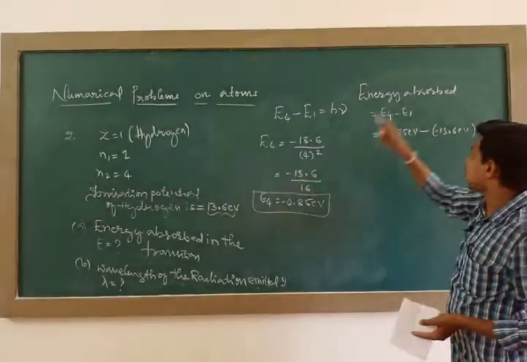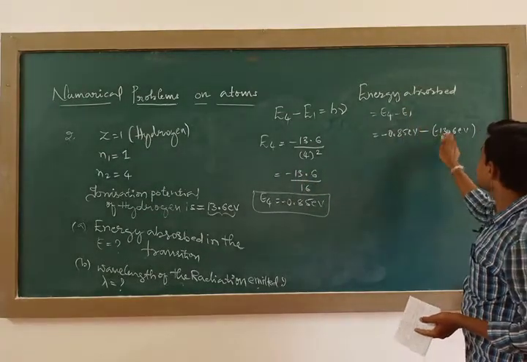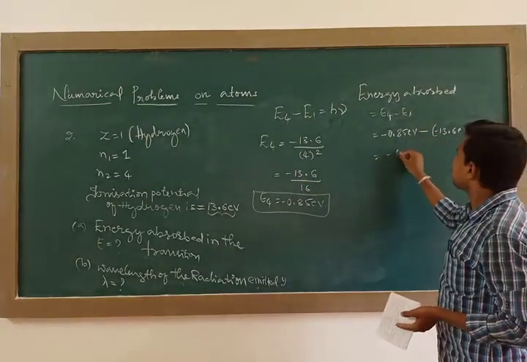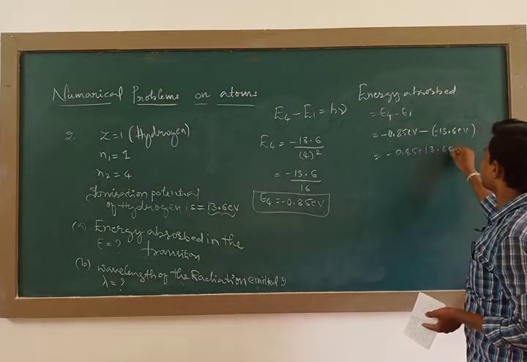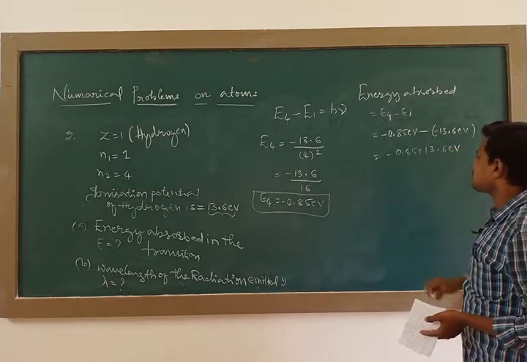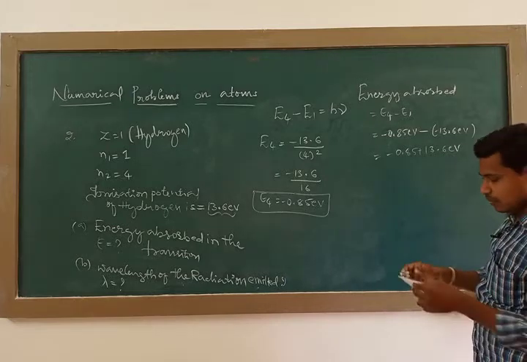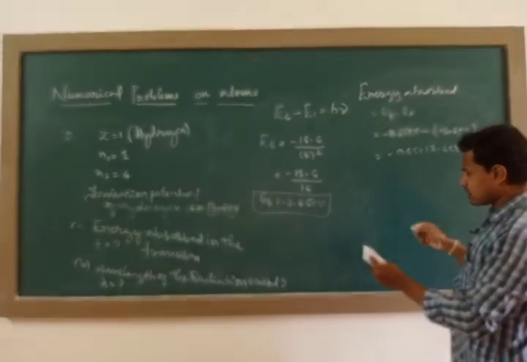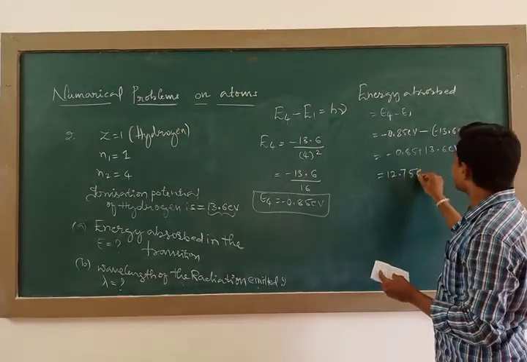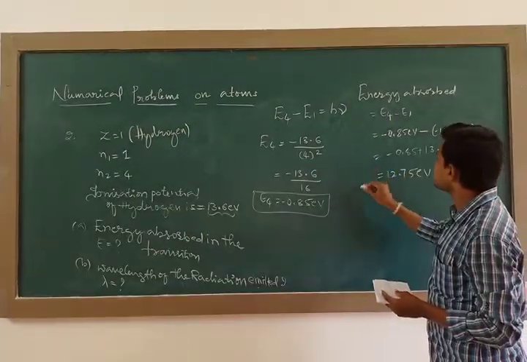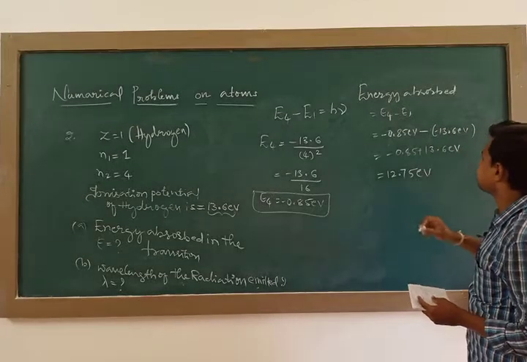Therefore minus 0.85 plus 13.6 electron volt, 13.6 minus 0.85. So you will be getting the value 12.75 electron volt. This is the energy absorbed.